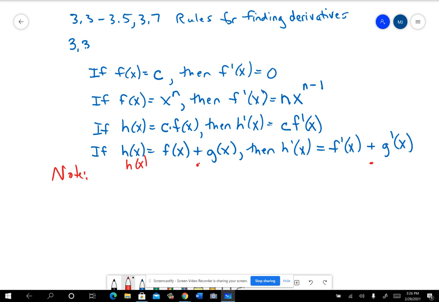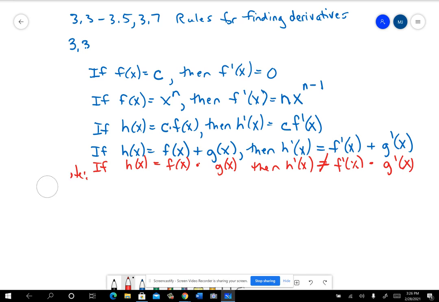If h of x equals f of x times g of x, then h prime of x does not equal f prime of x times g prime of x. Okay, so that's a big thing to watch out for. We learn how to do that in 3.4. Okay, so don't misinterpret it. Don't use it when you can't.